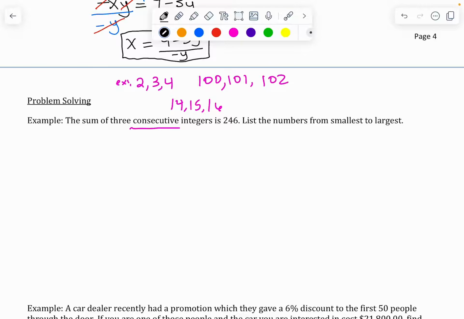If our first number is x, the number after x would be x plus 1. And then the number after that would be x plus 2.